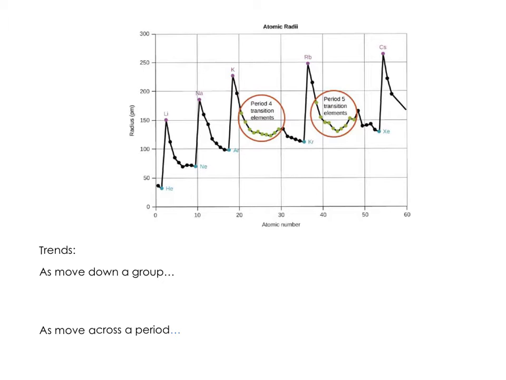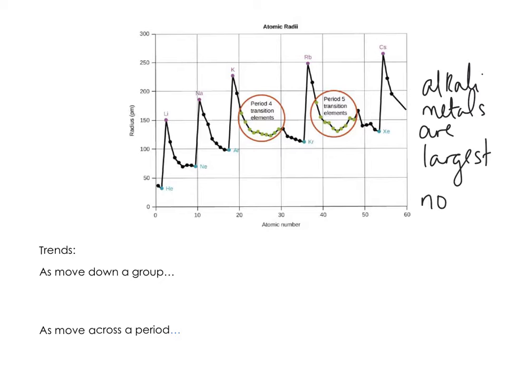So basically, alkali metals are the largest. Noble gases are the smallest.